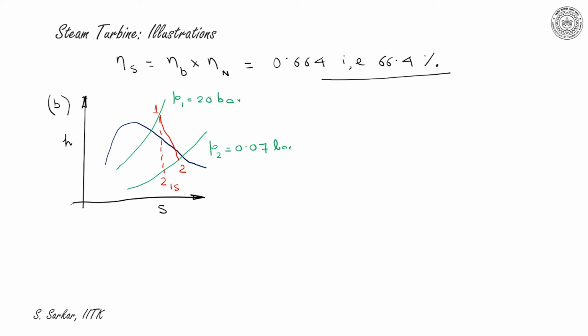So entropy at the state point 1 must be equal to entropy at the state point 2s. But in the actual process, which is 1, 2, that is a non-isentropic process. Now, let's see what is given. Now, let me first consult the steam table.